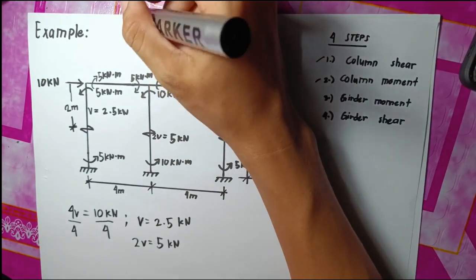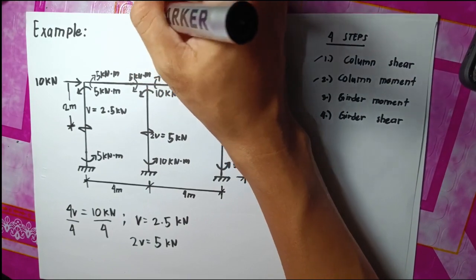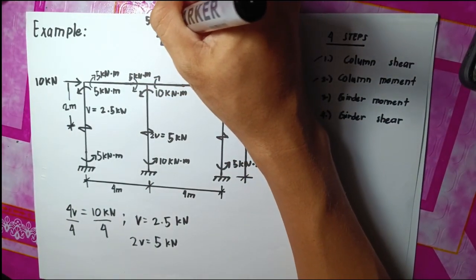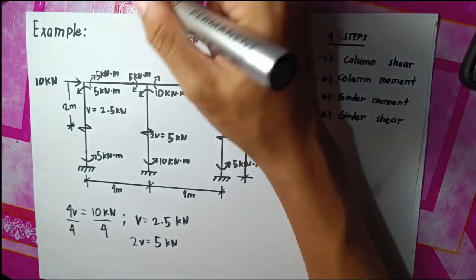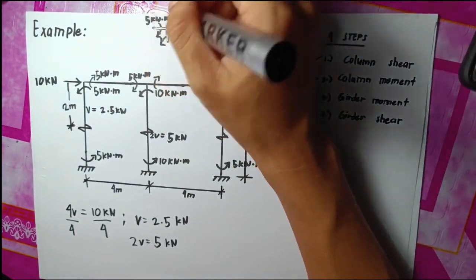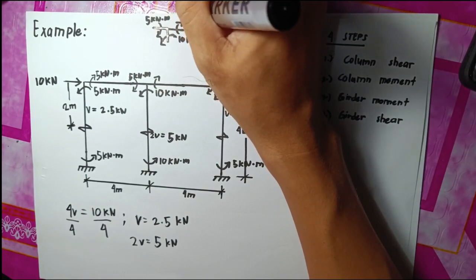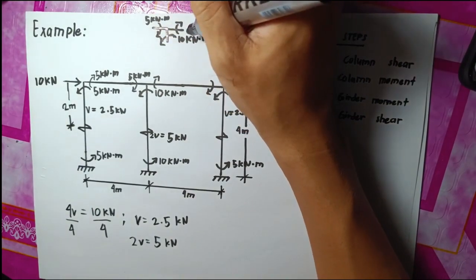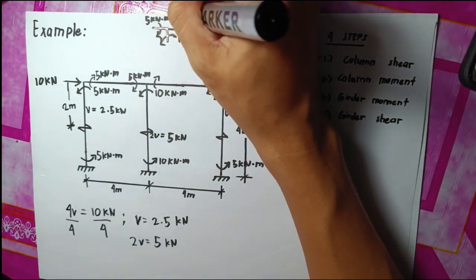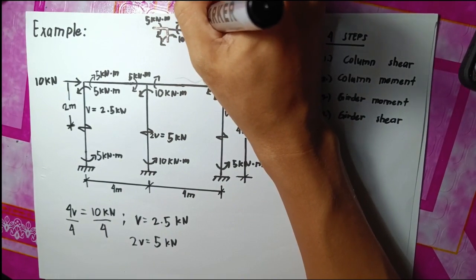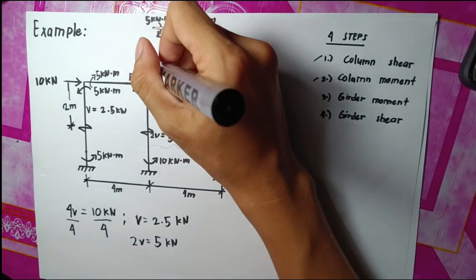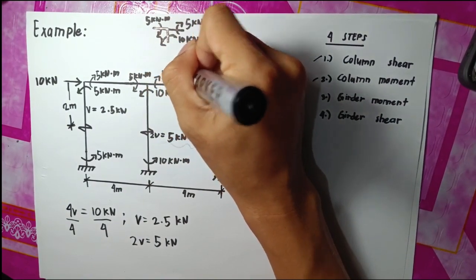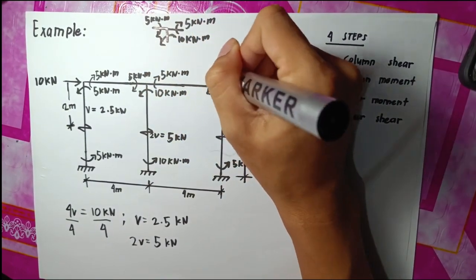If you have one horizontal beam and one vertical column, you need to subtract to get the value of the next moment. So 5 minus 10 is 5 kN. So we're going to put 5 kN in here. Same goes here.